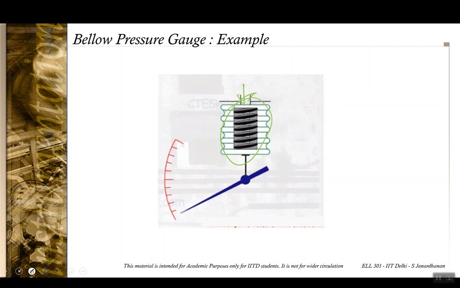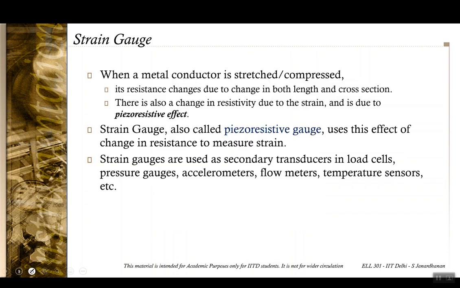Next, we come to the main part of this lecture, which is strain measurement. In a strain gauge, we use the fact that when a metal conductor, a wire, is stretched or compressed, the resistance of the wire changes.